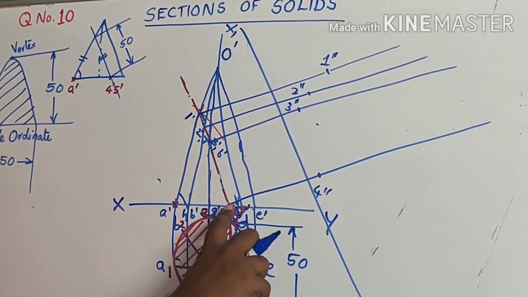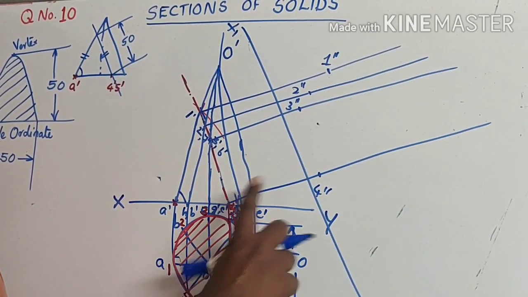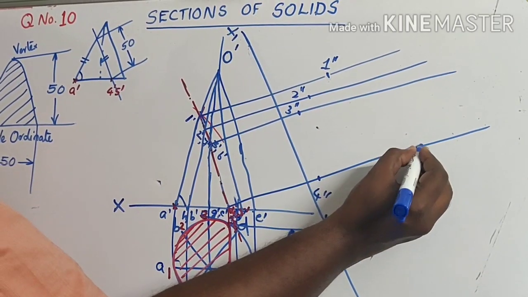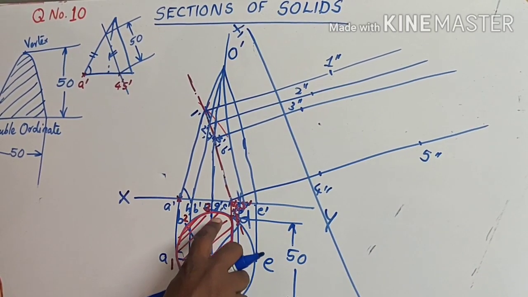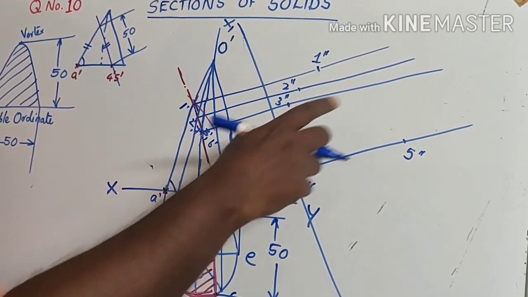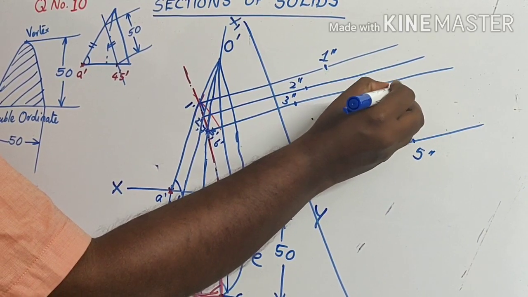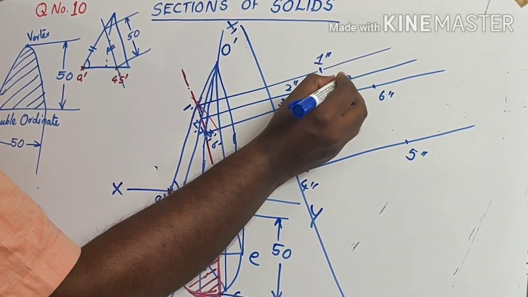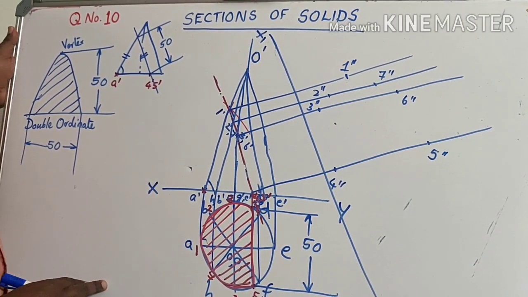Now xy to 5, you will get 5 double dash. xy to 6 you will get 6 double dash. Then you will get 7 double dash. All the points you have got.